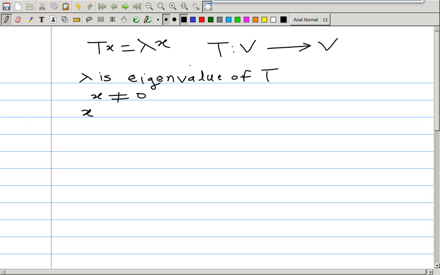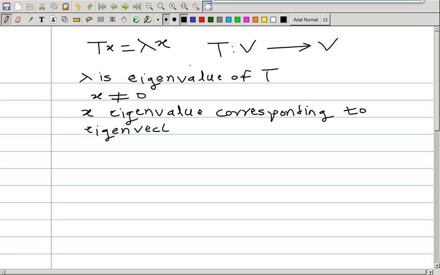The vector x is called an eigenvector corresponding to lambda.